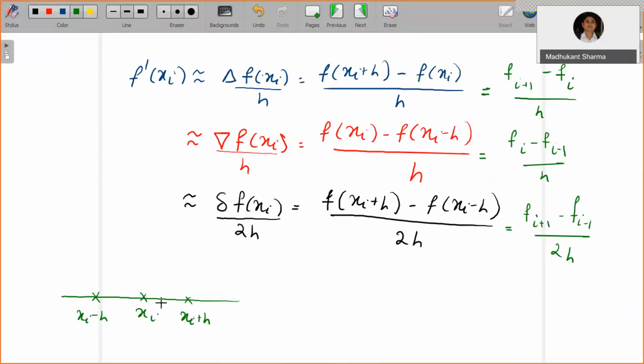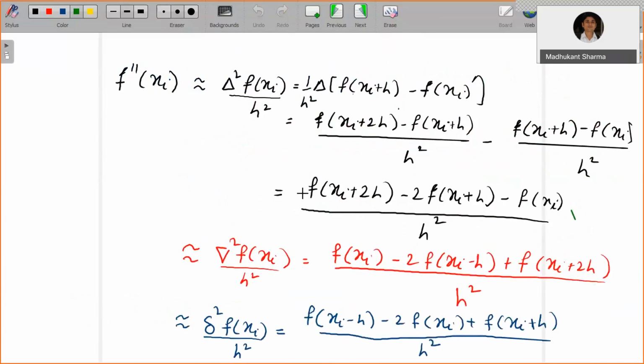Now similarly, the second derivative is also related with the forward difference. You can find the relation that we have already discussed in the numerical differentiation class. Since we are going to use the central difference, we use the following relation.